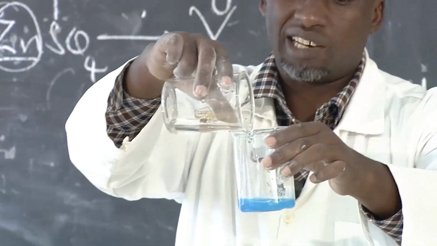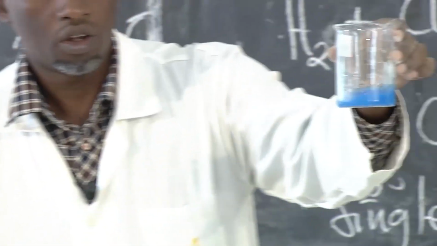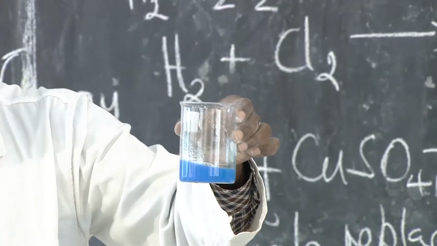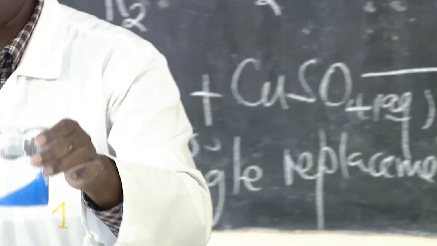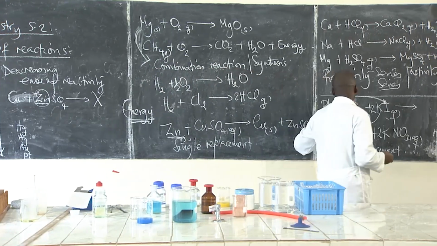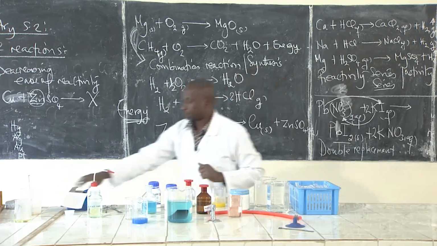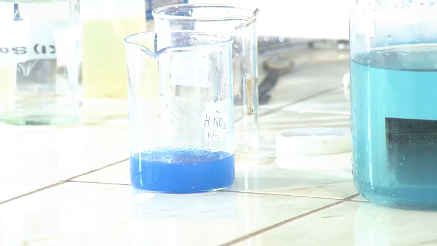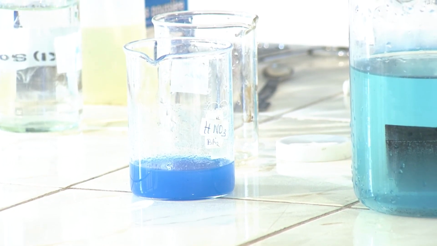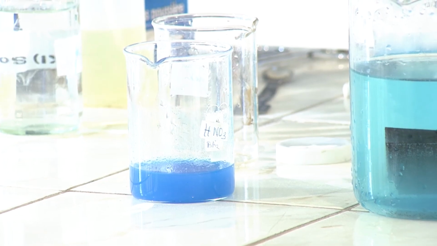We had done this one even before. This is a precipitate that is forming. Precipitate insoluble in excess. We had even mentioned this one some time back. So you have sodium hydroxide reacting with copper 2 sulfate.